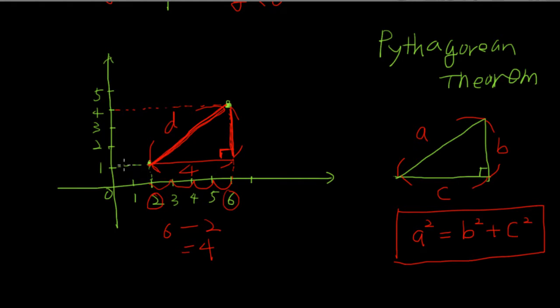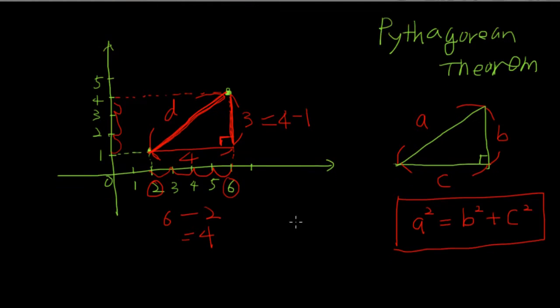What about here? From 1 it goes up to 4, so it's 1, 2, 3. So it must be 3. But it actually came from 4 minus 1. Just like that.